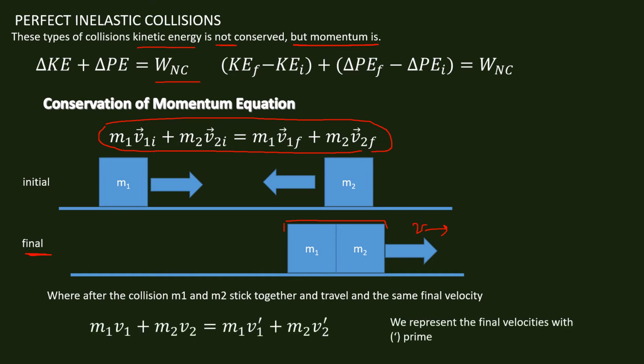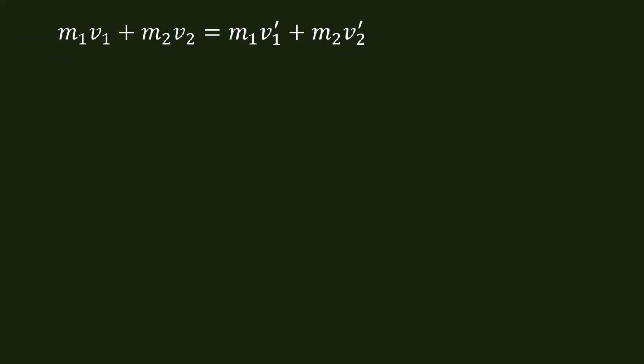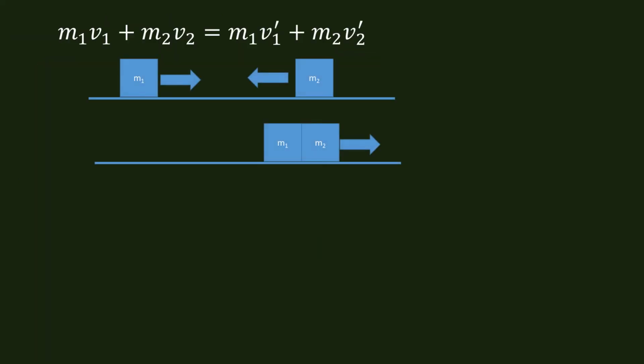So going back to our conservation of momentum equation, we represent the final velocities with a prime. It looks like a hyphen. On the right side of the equation, we have our final velocities, and we have our diagram showing before and after.